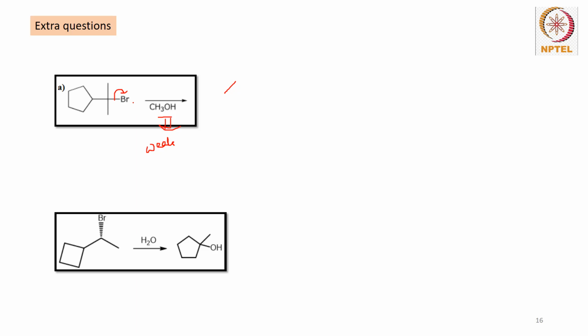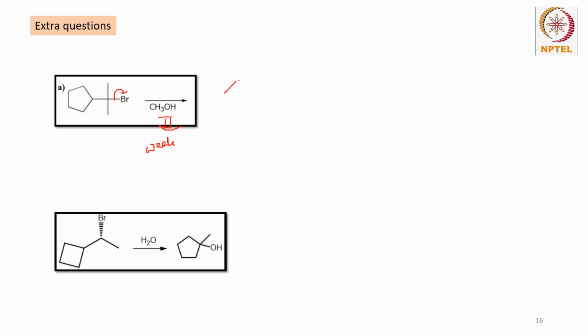So the reaction is in water. If the reaction is in water, that means the nucleophile is not negatively charged, so the reaction will go through SN1. If you go through SN2, then you will get a wrong answer. Understood? So whenever this is hydrolysis or water or methanol, that will go through an SN1 type of mechanism.